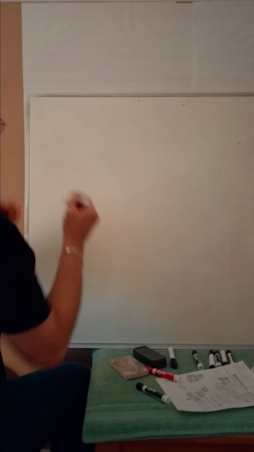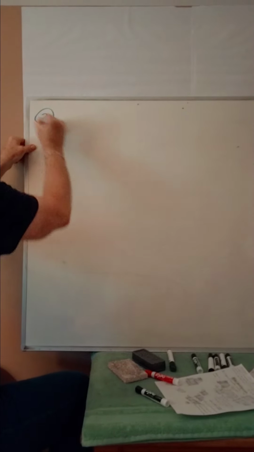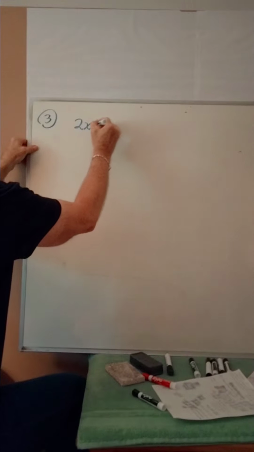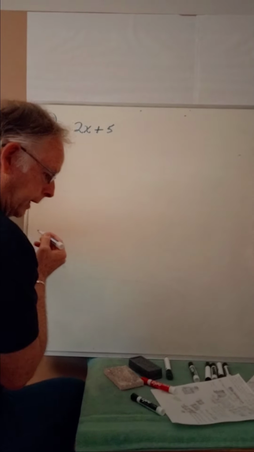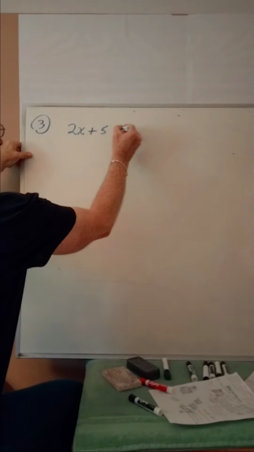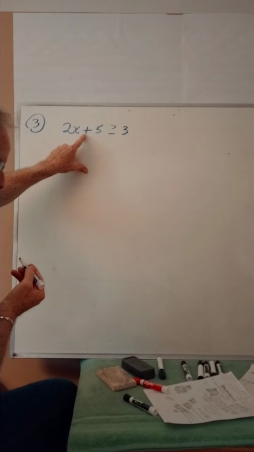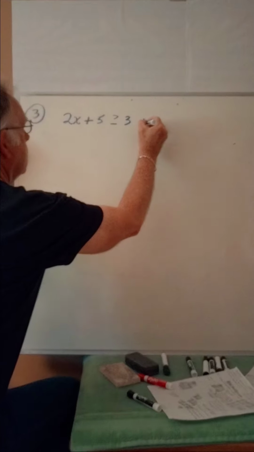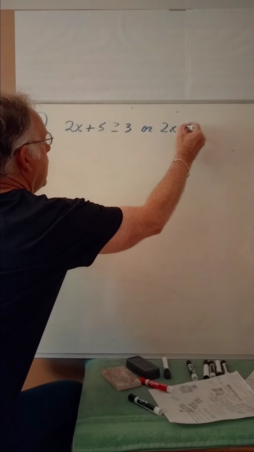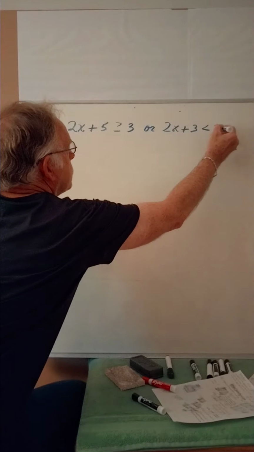Okay, now let's see if maybe number 3 is just a trifle different. It seems like somewhere down here, if I copied it down right, there's just something a little bit different somewhere here. 2x plus 5 is greater than or equal to 3, or 2x plus 3 is less than 3.